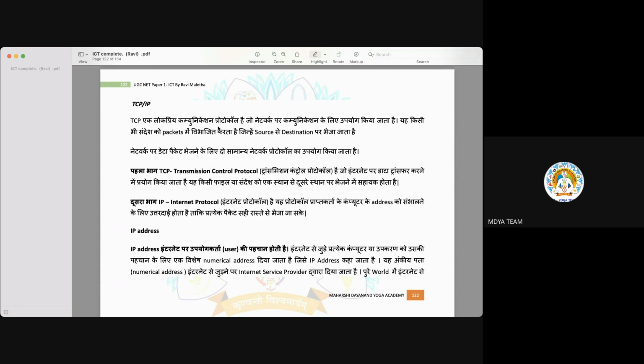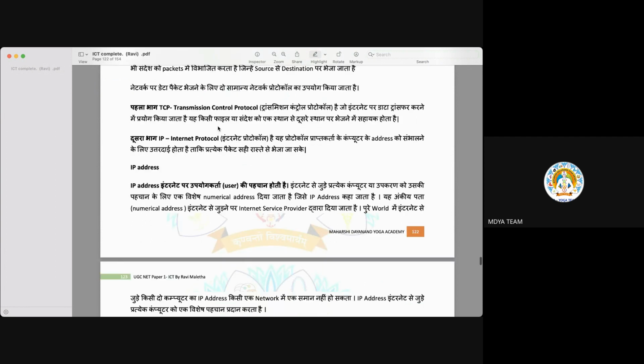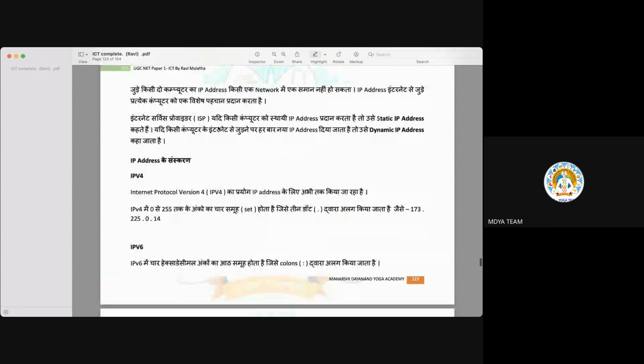This address is a unique set of numbers. They have DNS, the domain name server, and it is divided into four sections, and the highest IP address will be 255.255.255, like that. Here it is given.